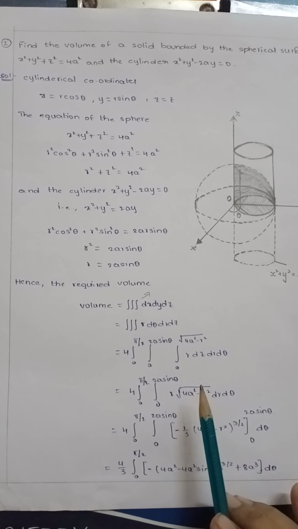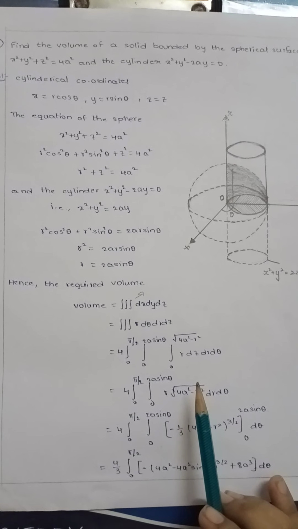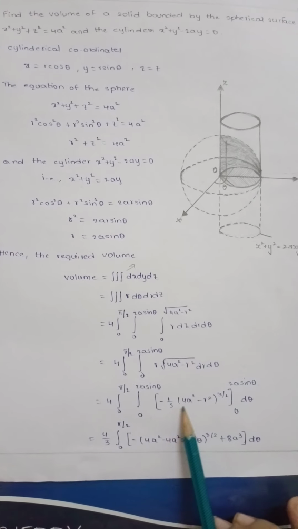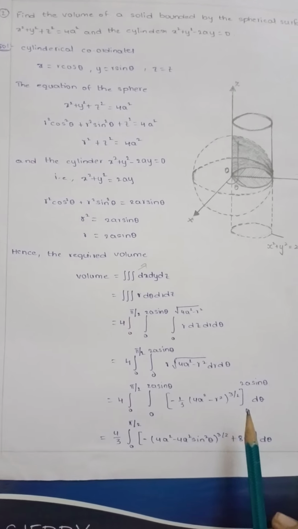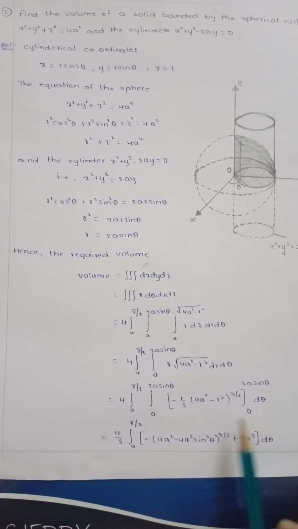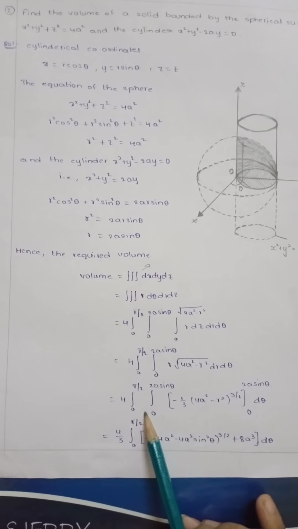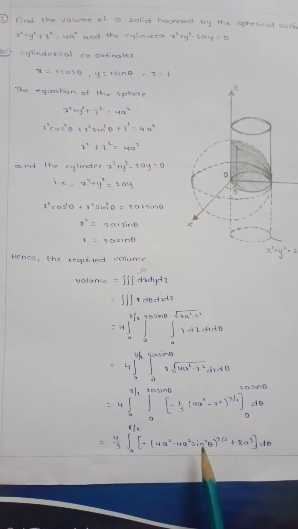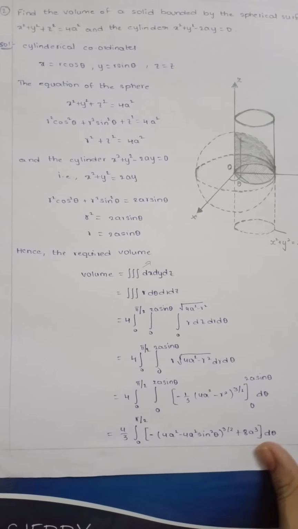We know that the integral of x power n is x power n plus 1 by n plus 1. Applying that here, we get minus 1 by 3 into 4a square minus r square whole power 3 by 2, from 0 to 2a sin theta, d theta. Then we get 4 by 3 integral 0 to pi by 2, 4a square minus 4a square sin square theta whole power 3 by 2 plus 8a cube, d theta.